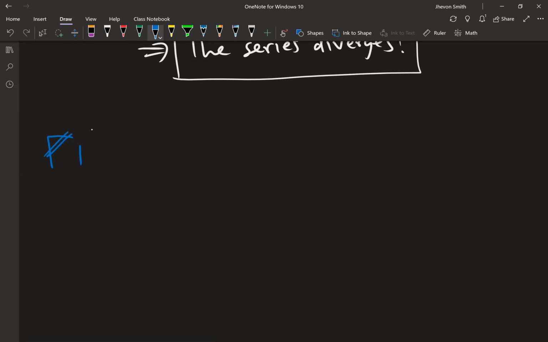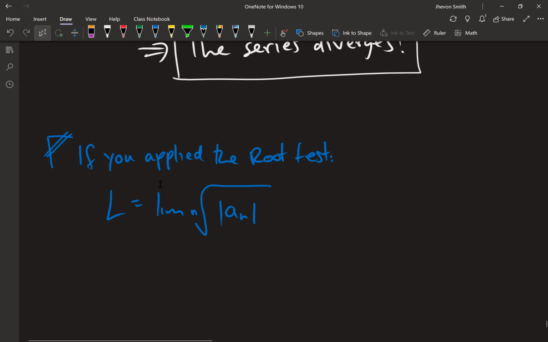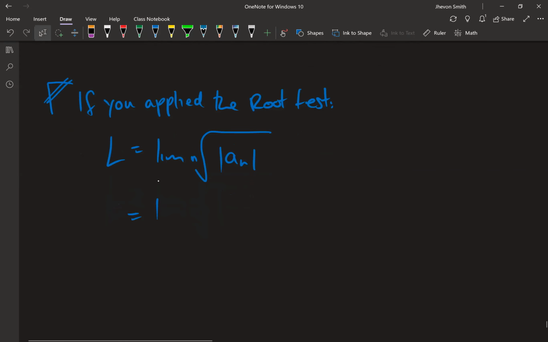If you apply the root test, what you would look at is the limit of the nth root of an. And this would look like the limit of the nth root of n over n plus 1 to the n.